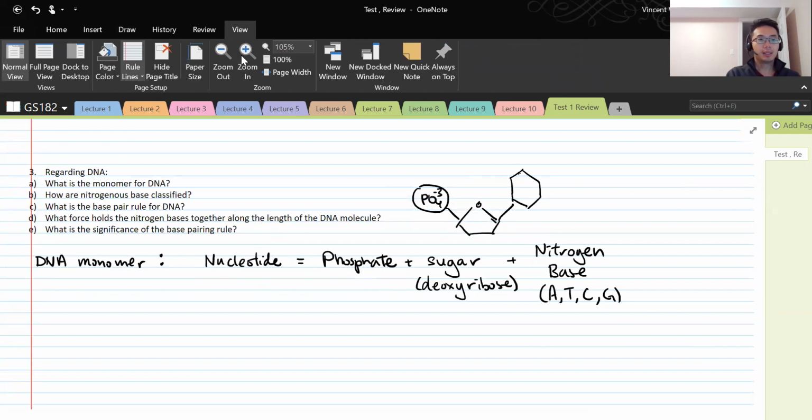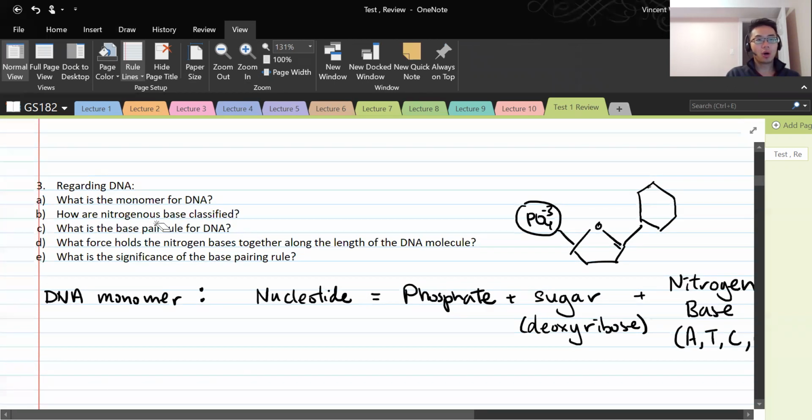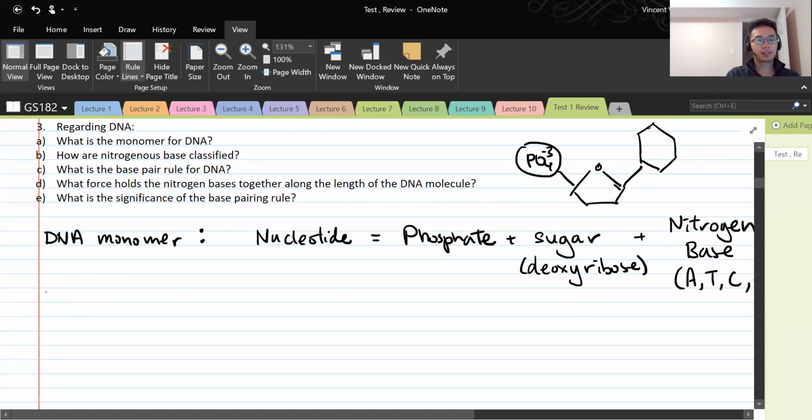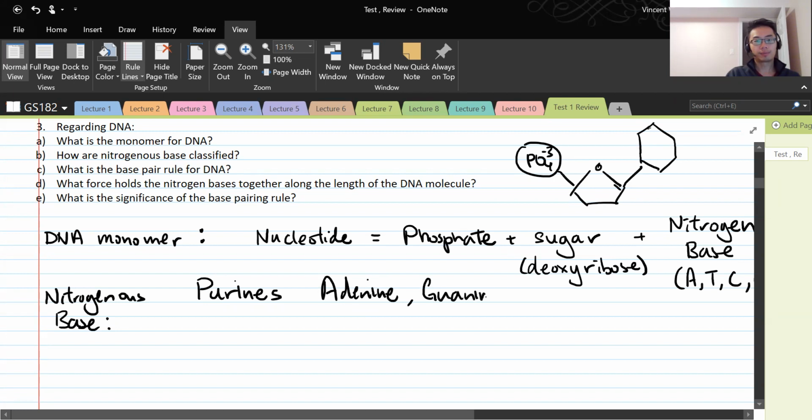Next one. How are nitrogenous bases or nitrogen bases classified? We can have purines. Purines are A and G, adenine and guanine.